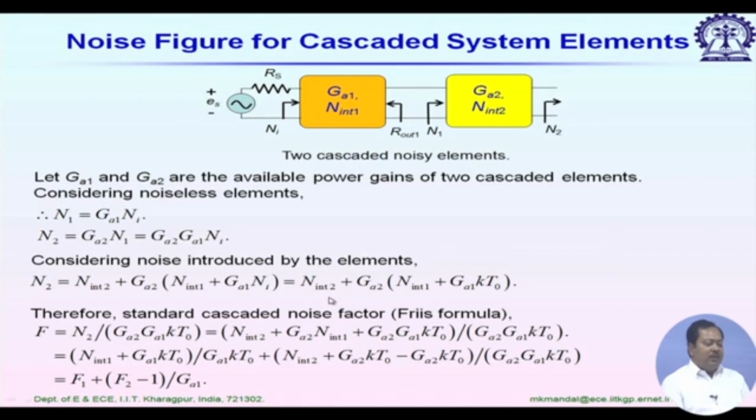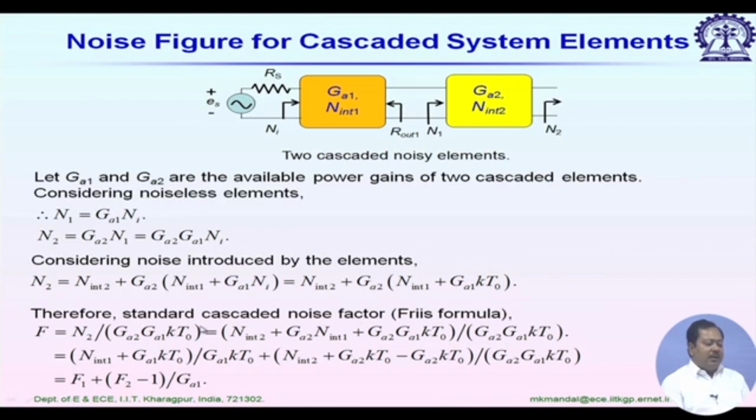We can write this as N internal 2 plus GA2 into N internal 1 plus GA1 K T naught. Ni we are representing by K T naught.